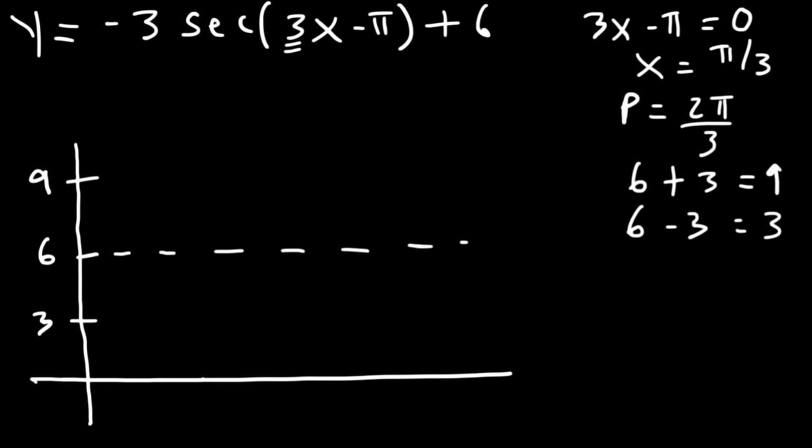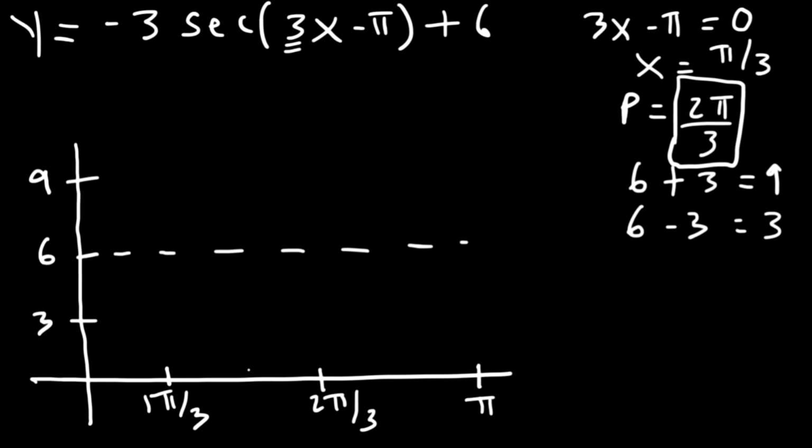Now let's plot the phase shift. The phase shift is at pi over 3. And let's add one period to it. So 1 pi over 3 plus 2 pi over 3 is equal to 3 pi over 3, which is simply pi. Now half, midway between 1 pi over 3 and 3 pi over 3 is 2 pi over 3.